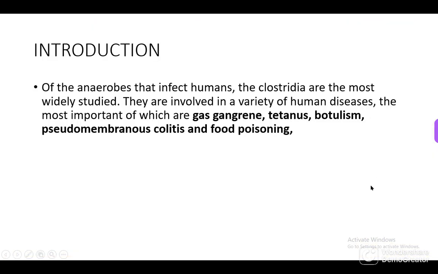And the introduction is that they are anaerobes. So first of all, they are anaerobes. They do not need oxygen for their growth. Oxygen is the antidote of these organisms. Some of these species need a very small amount of oxygen, although actually they are anaerobes. I will say strict anaerobes.